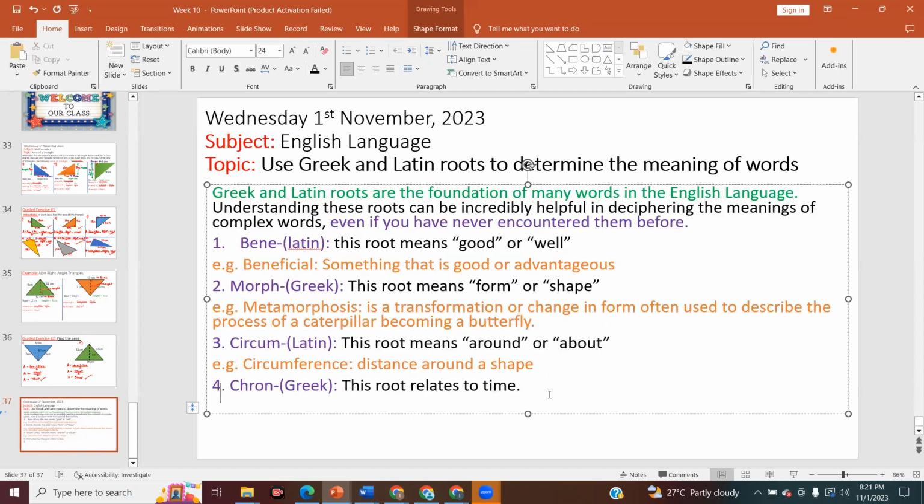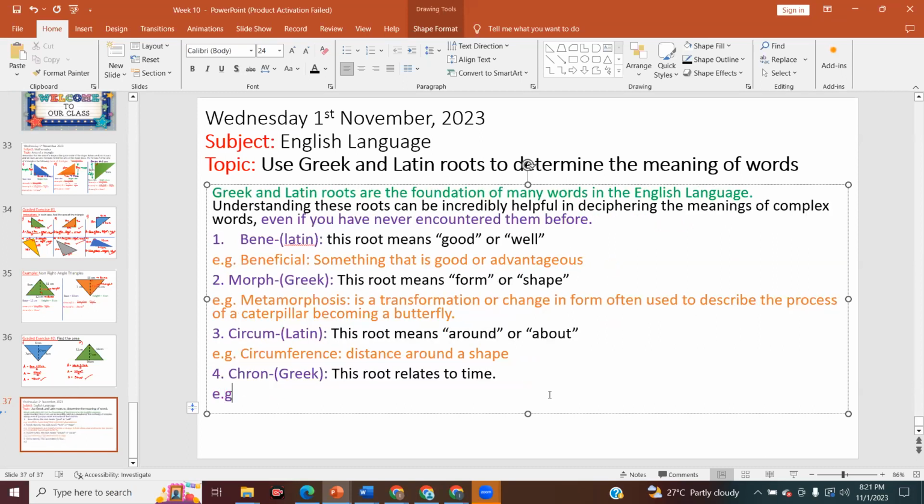So an example would be chronology. So chronology is an arrangement.